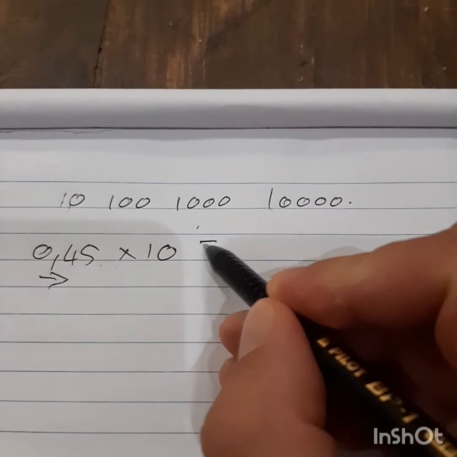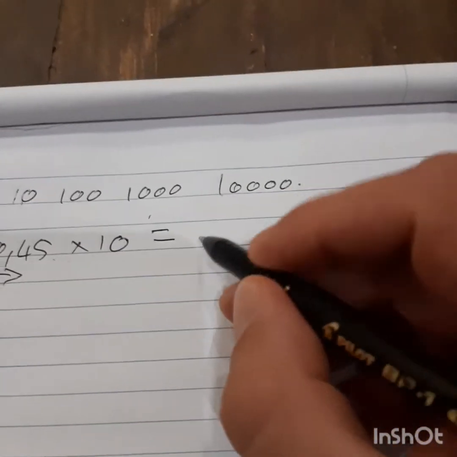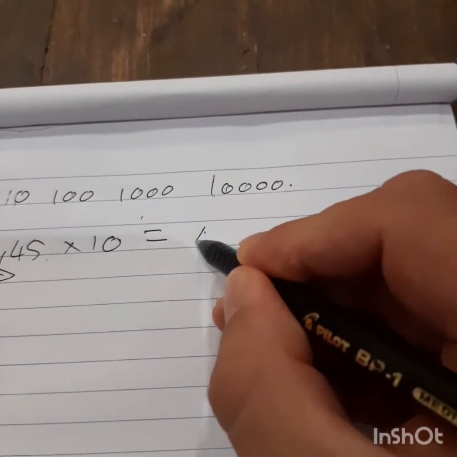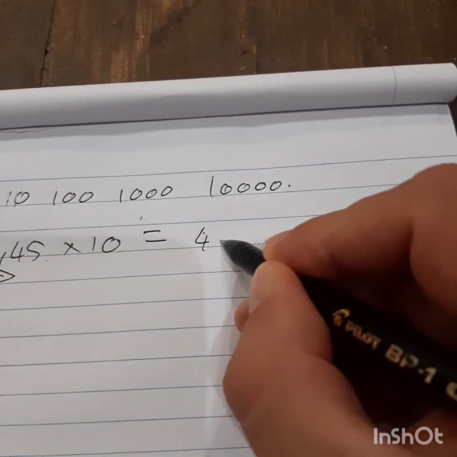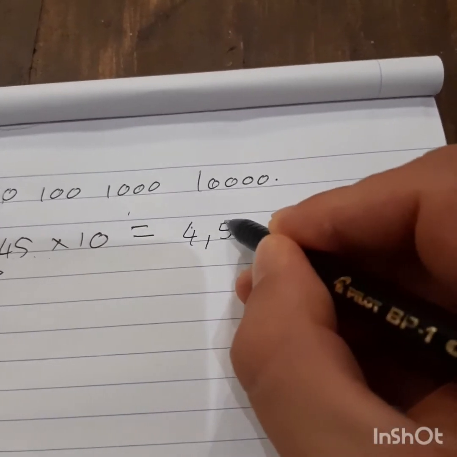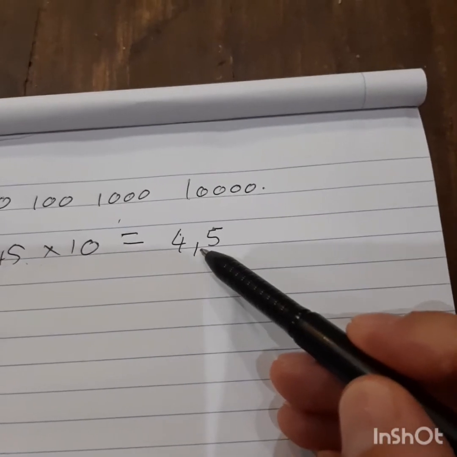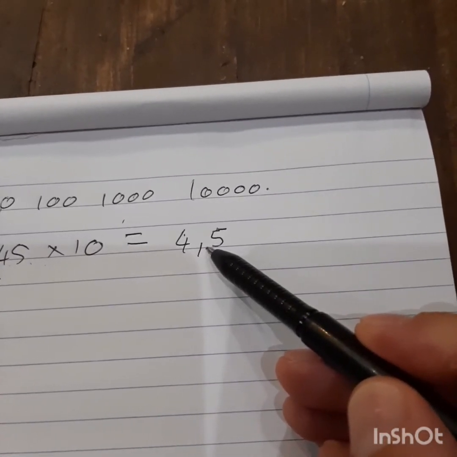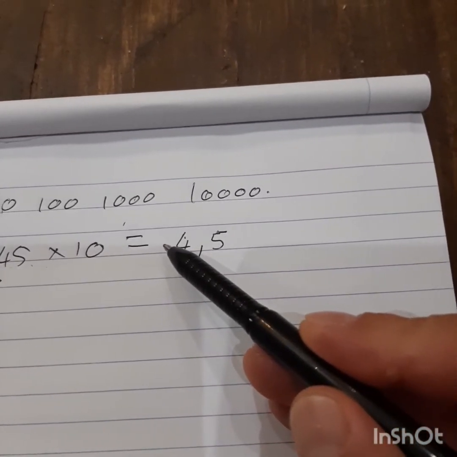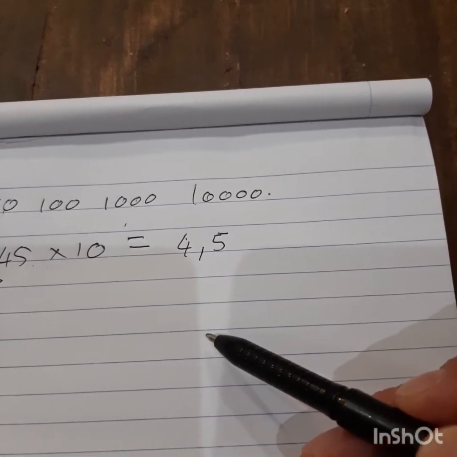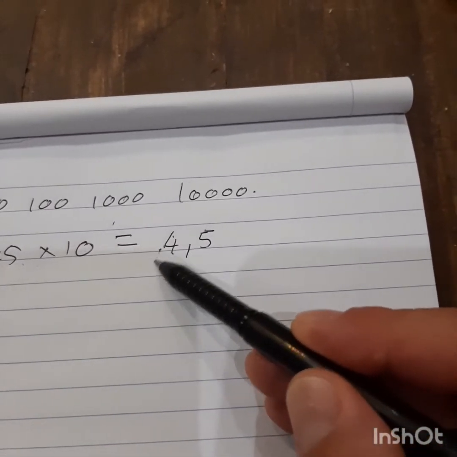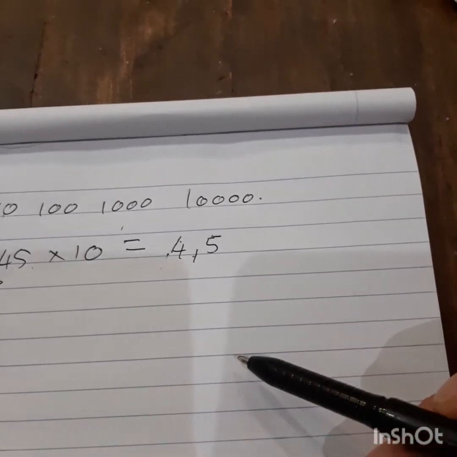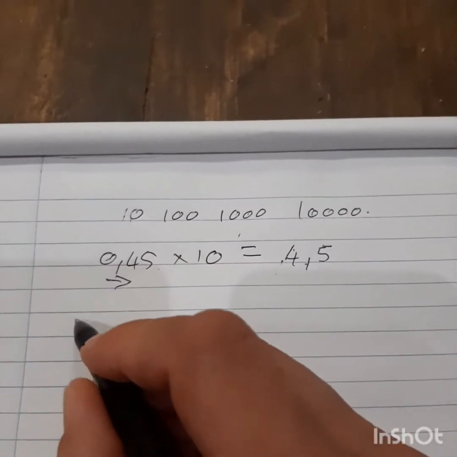So the answer will be 4,5. So the 4 has moved from this side of the comma one place to the other side. The comma has moved from there to there. Let's have a look at another sum.